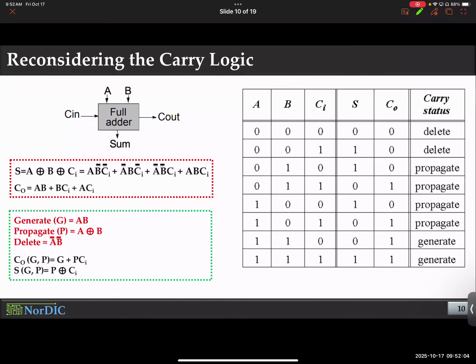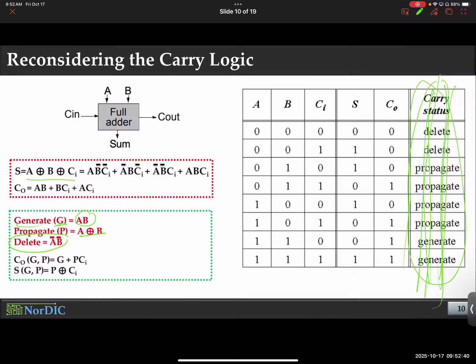And what it comes down to is, if I didn't give you this insight about the observation at all, just forget that I ever talked about it. If you don't care about it at all, you could just mathematically rearrange this using some intermediate function. Define AB equals G. Don't keep in mind that G stands for generate, okay? Just G. And A XOR B as P. We are not going to look at delete here, because that's a different approach that people use to incorporate the delete signal, but I just put it there.